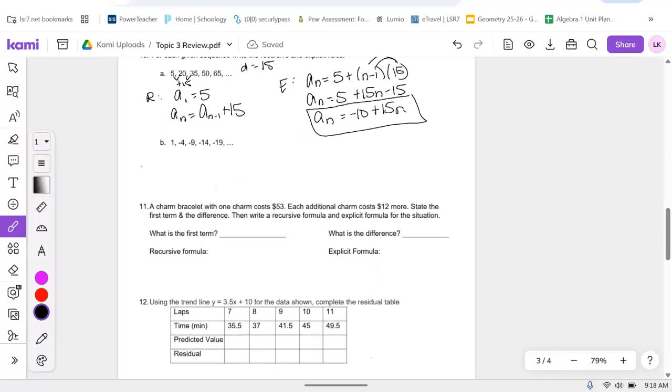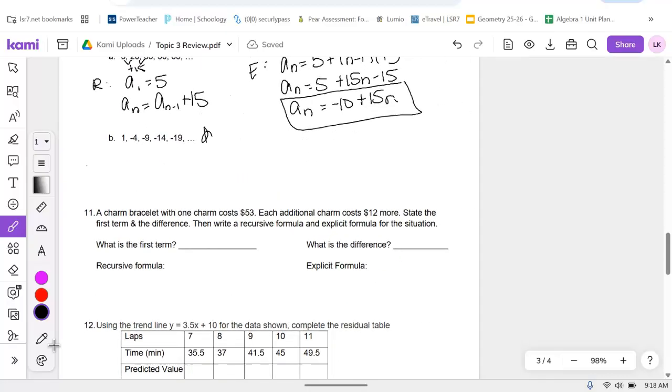Same thing for B. My common difference is minus 5 because it's subtracting 5 each time. So my recursive would be A1 equals 1, AN equals AN minus 1, minus 5. Remember, this is just the formulas. This is just what is given, so you're just plugging things in.